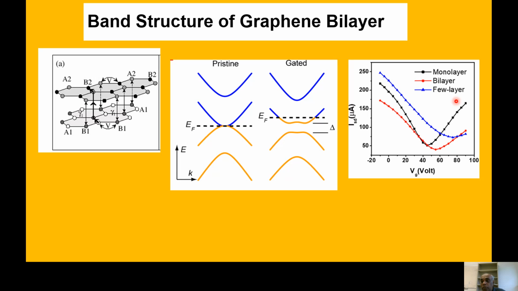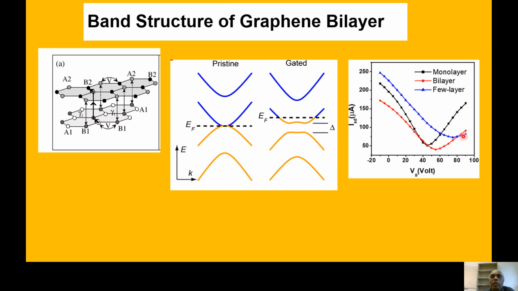If you take few layers, maybe 5 or 6, then it shows mostly p-type behavior. That means you are opening up a bigger gap, so it becomes more like a standard semiconductor.